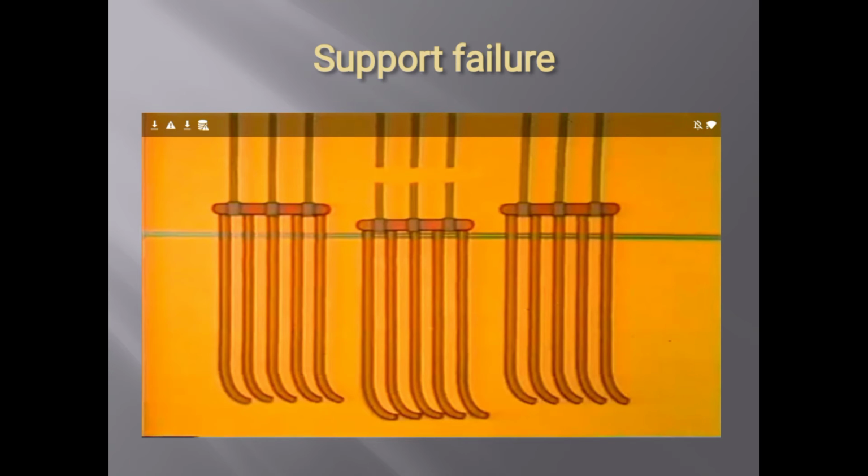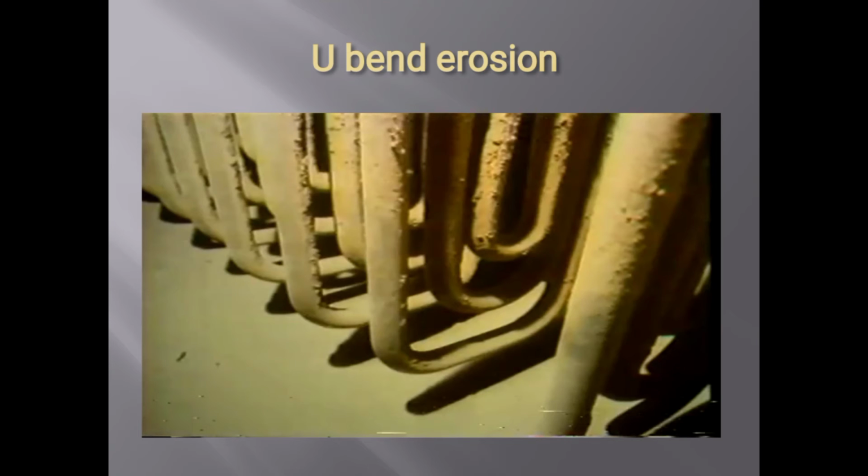Next one, you can see that these are suspended superheaters. Sometimes the supports break due to vibrations and high temperature. This problem we also face in the superheater. Next one is U-bend erosion. You must take care during the inspection that when there is a U-bend, you must check the thickness of the tube there, because in the U-bend there is very large erosion.